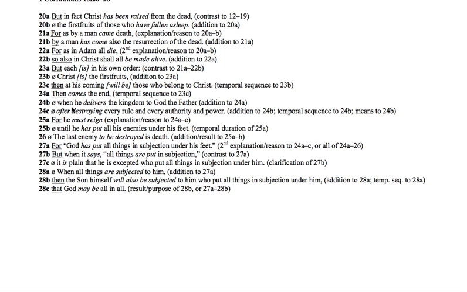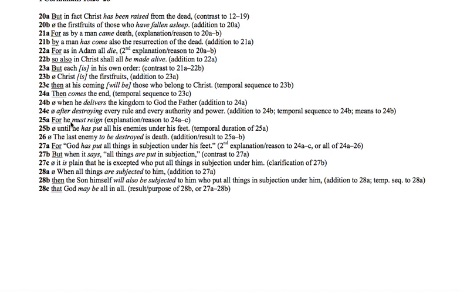So after destroying is sort of the means to delivering the kingdom to the Father. Okay, so I've noted that there are a couple of examples for how to understand this clause, because there is no conjunction to kind of determine that for us.